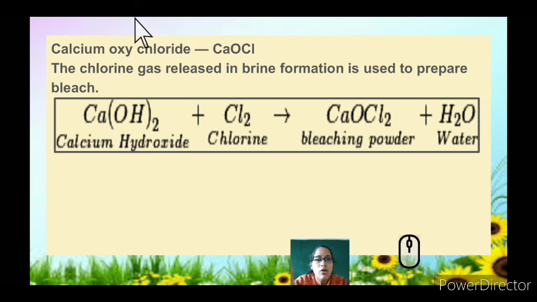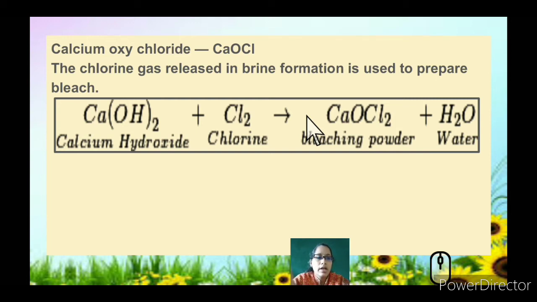So calcium oxychloride, CaOCl. Chlorine gas is released in the brine solution, which we have already discussed. Like we have taken a beaker, in the beaker we have added sodium chloride, and when we mix it, it forms sodium chloride solution.